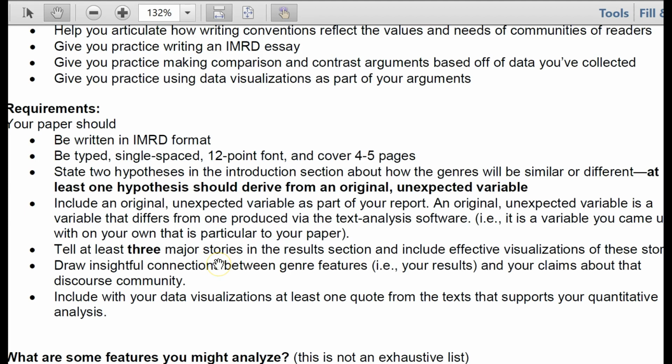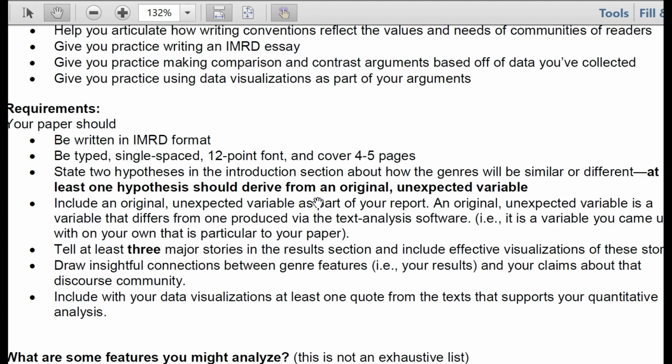You might have multiple visualizations speaking to the same hypothesis. So for instance, if you were going to say that scholarly articles use more complex language and sentence structures than public articles, then you could have a couple different visualizations.